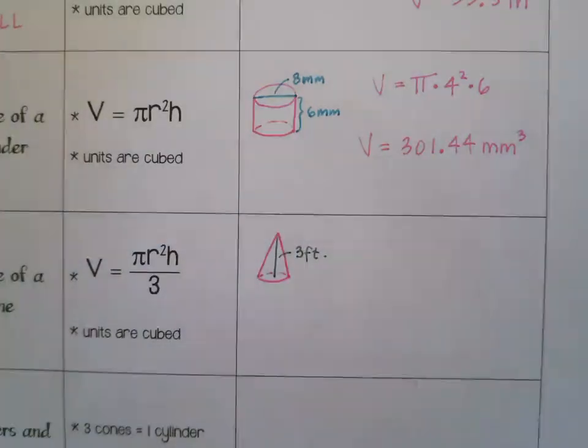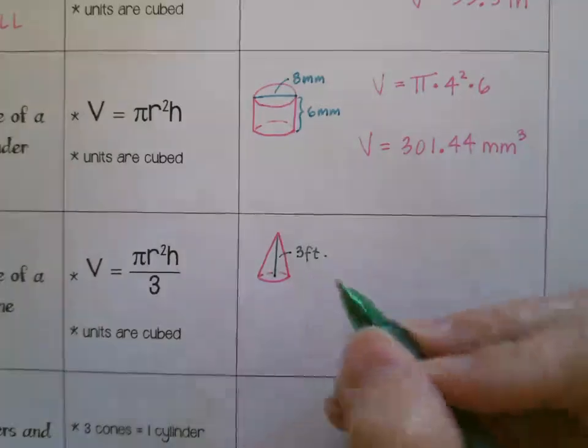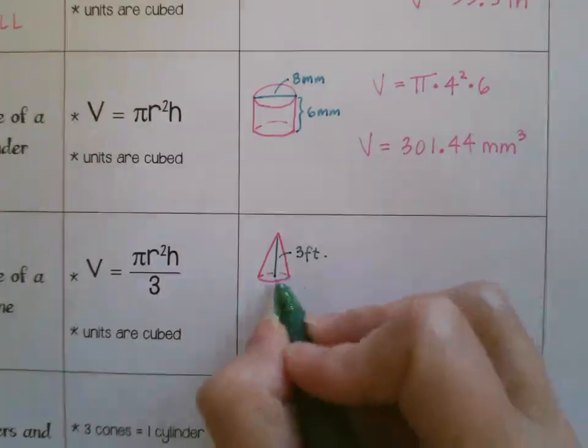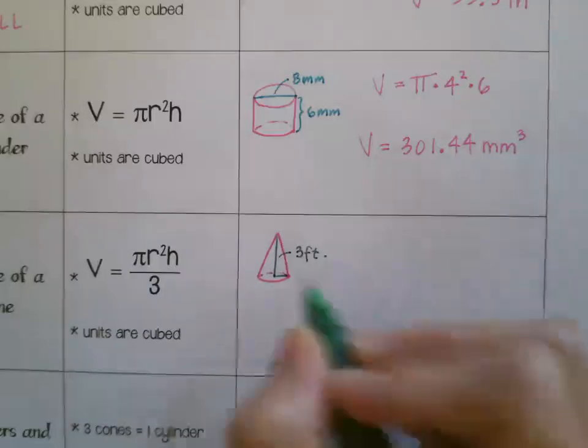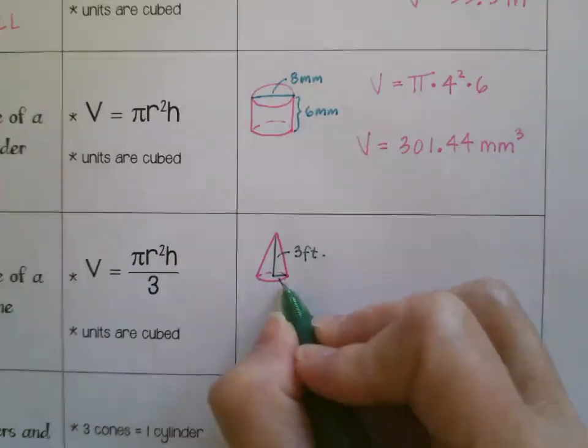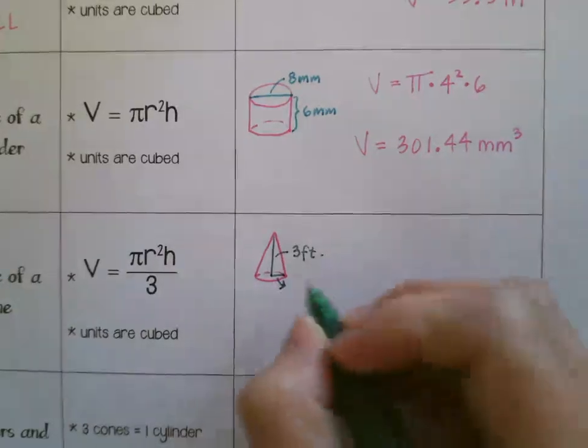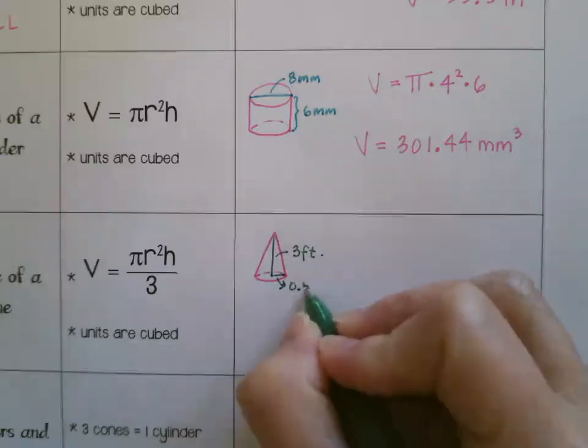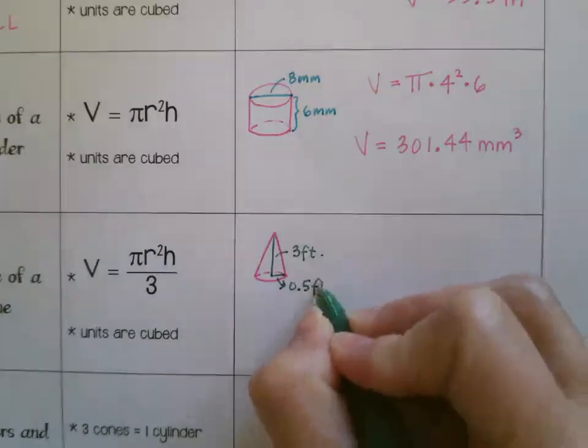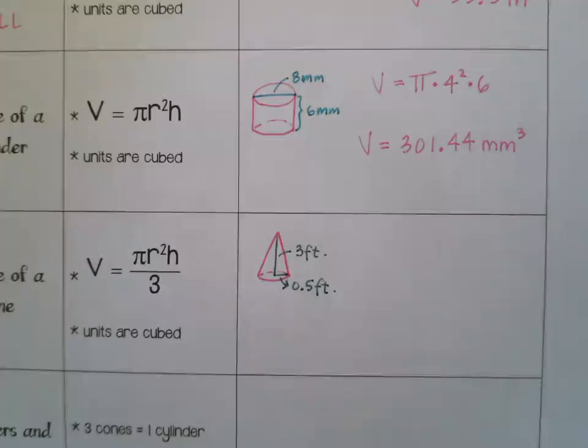So let's say there's a big construction cone. Let's say that the radius of this is 0.5 of a foot. All right, so we need to find the volume.